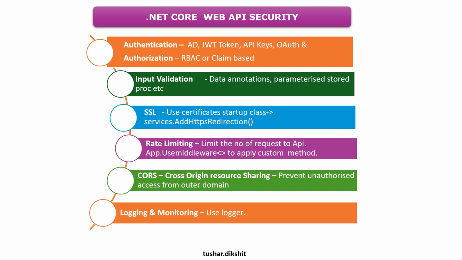Then SSL configuration. It is a pretty old technique to have security on the web, from the days of IIS websites. In .NET Core, in the startup class or in the program where your services are registered, all these features can be implemented using middleware methods, for example services.AddHttpsRedirection.